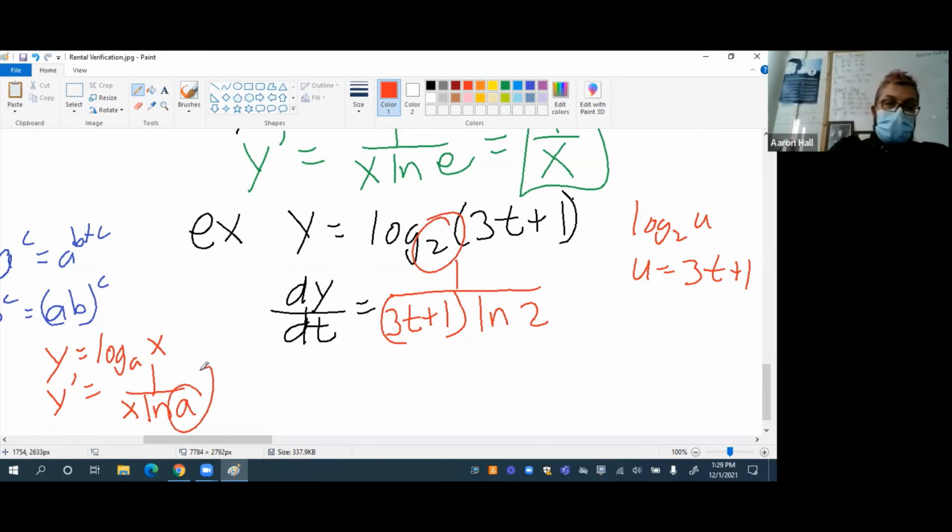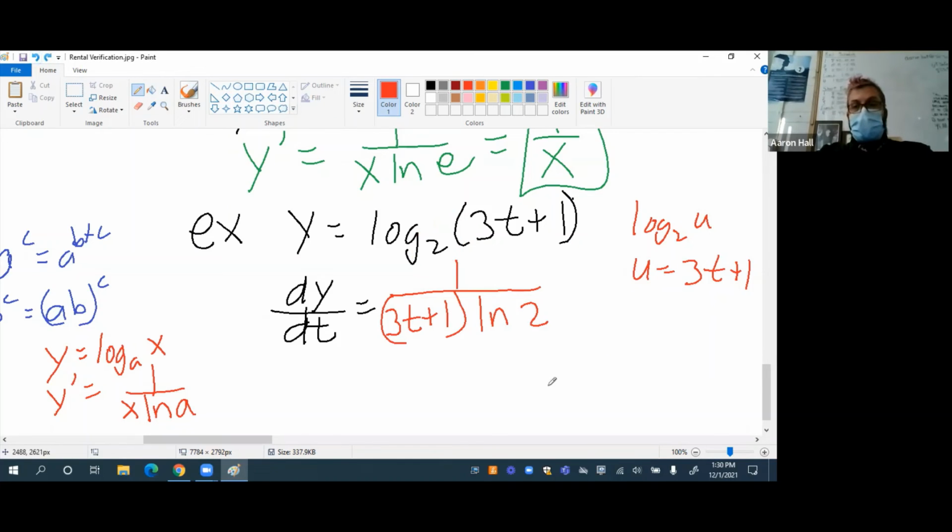A is 2, so ln of 2, there you go. Actually, there's a mistake. We still have to do the chain rule. You're correct. So what are we missing? Times 3. Yep, now we're correct.